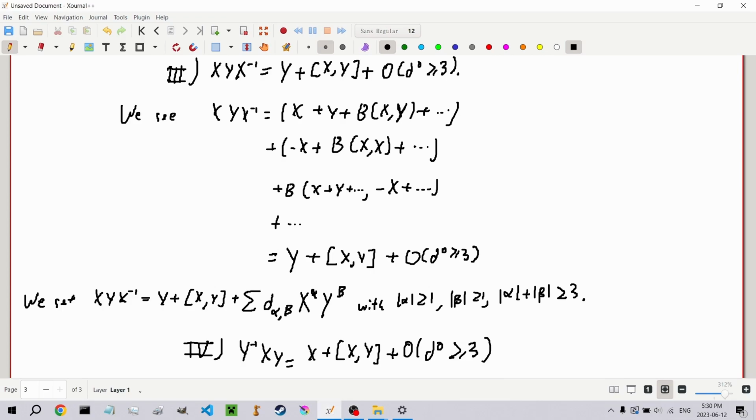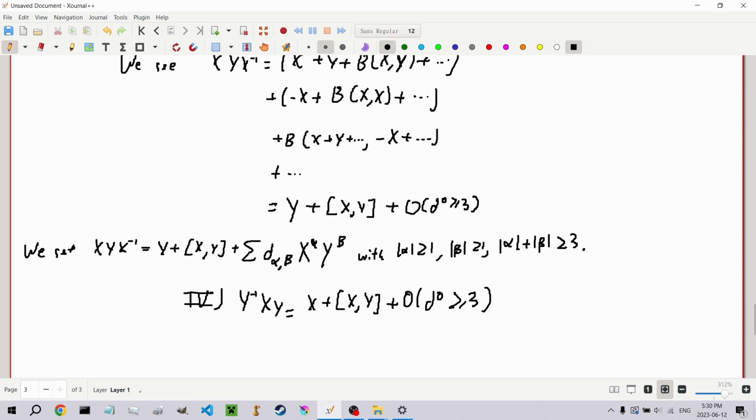And we have more. I gotta shake out my hand for a minute. We have the commutator of x and y can be evaluated to be just their Lie bracket plus higher order terms.